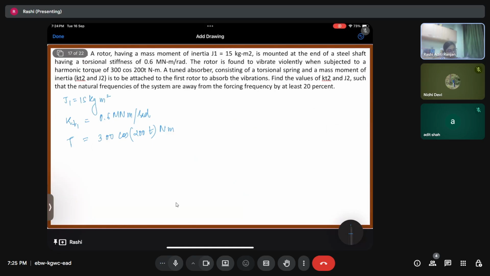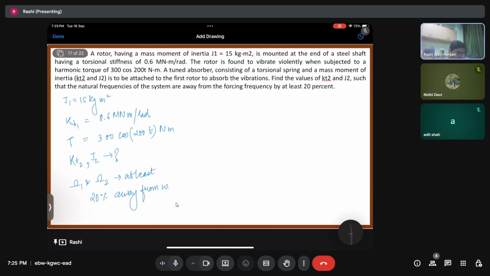So we have kT2 and J2 as the unknowns, and kT2 and J2 should be such that omega 1 and omega 2 be at least 20% away from omega.